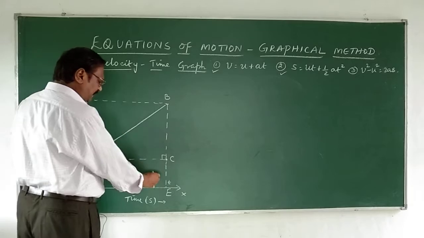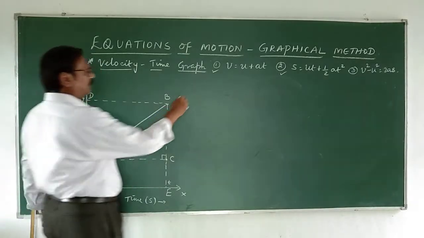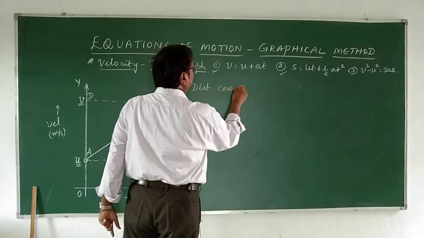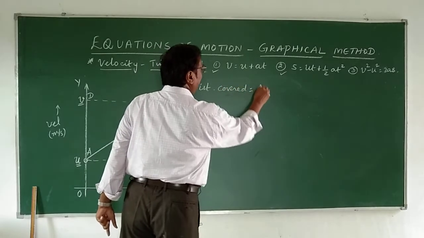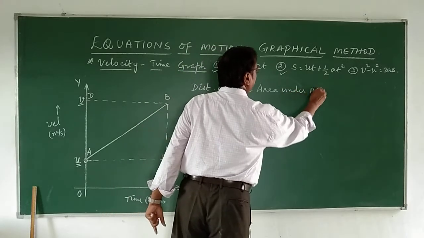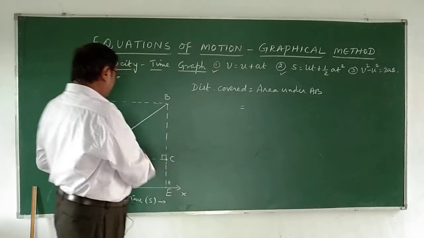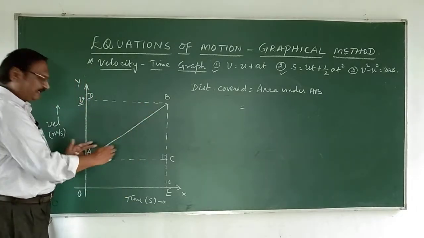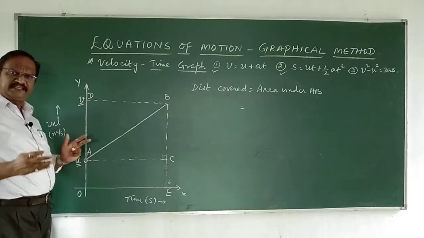What does the velocity-time graph tell us about distance? We say the distance covered is equal to the area under AB. Now the whole thing is there, and I divide it into two parts for my convenience.